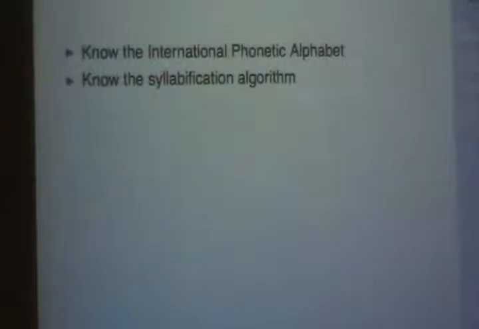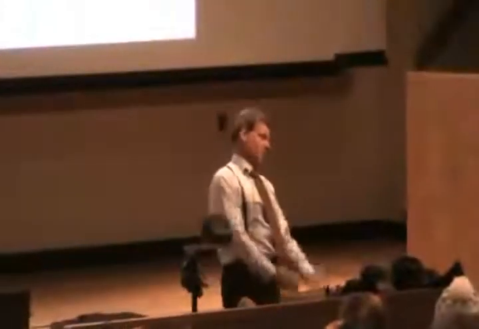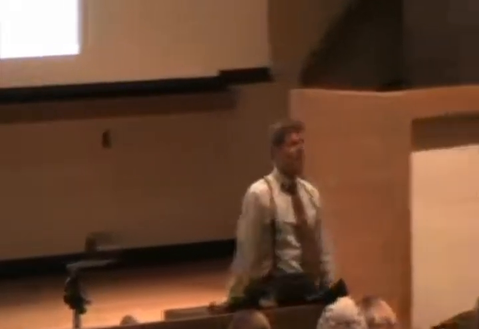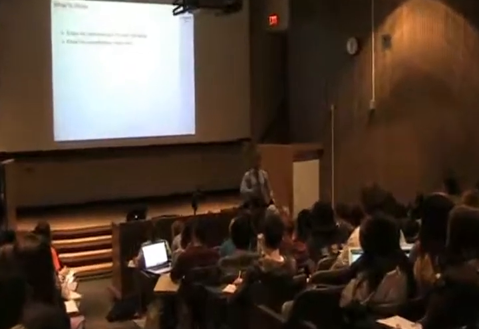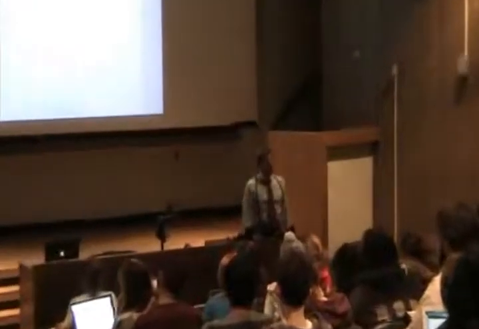Third step, scan back through the word, look at all of the remaining consonants, and gather as much of those as the phonotactic constraints allow, make those codas. Last step, bundle together nuclei with onsets or codas that follow them. Those will be syllables. Okay?